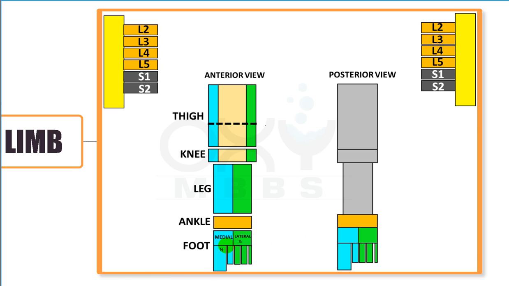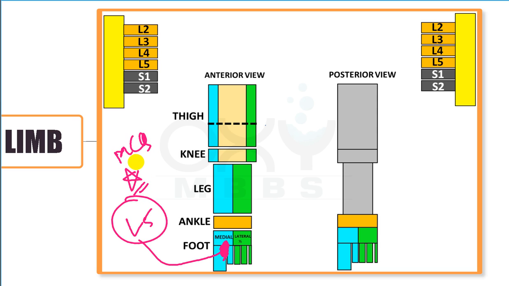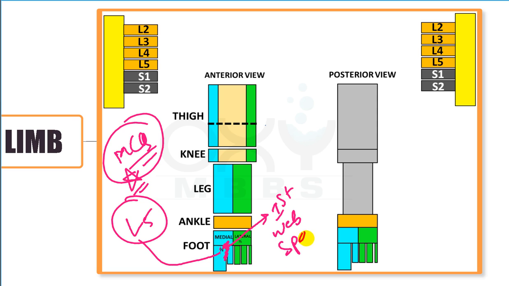It means the first interphalangeal part is innervated by which root value? It is by the L5. And this was the MCQ which was asked in a previous PG entrance exam. And this first interphalangeal space is called what? It is called first web space.